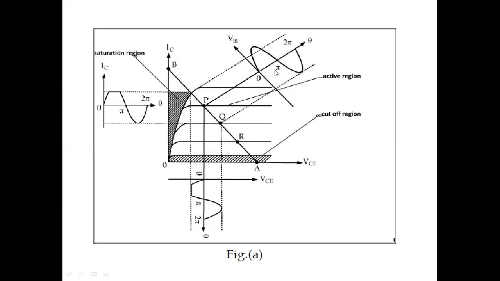The output signal doesn't clip. You are observing both the peaks without clipping. So there is not at all any clipping, and the output signal will not clip at both the positive and negative peaks. Thus, we can state that the selection of operating point determines the maximum signal that can be handled by an amplifier.